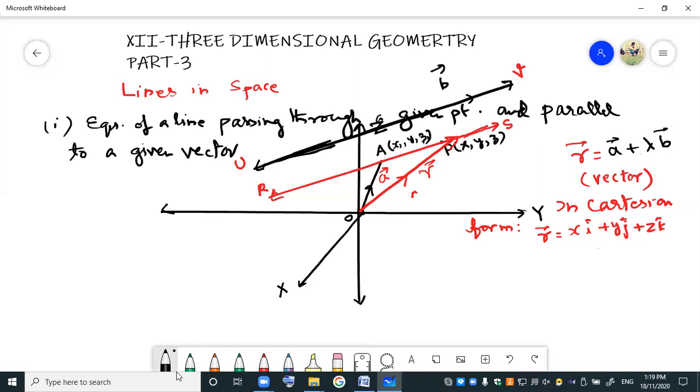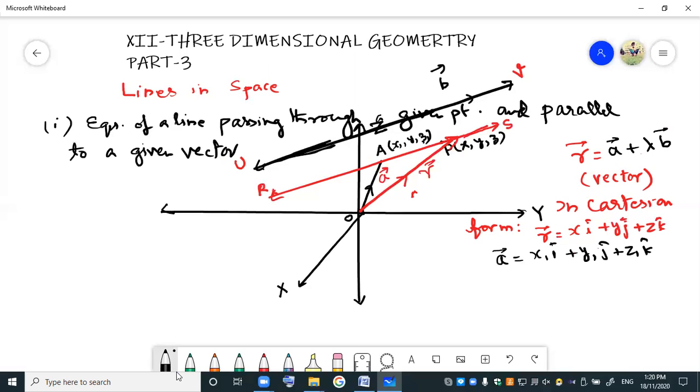R is always xi plus yj plus zk, the position vector of any point on the line. Vector A is the point with coordinates x1, y1, z1, so when we resolve vector A into components, it becomes x1i plus y1j plus z1k.